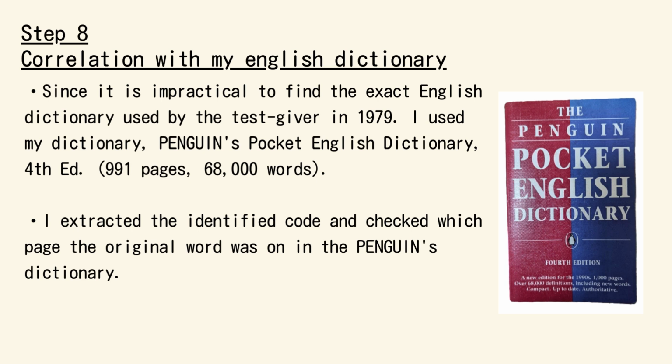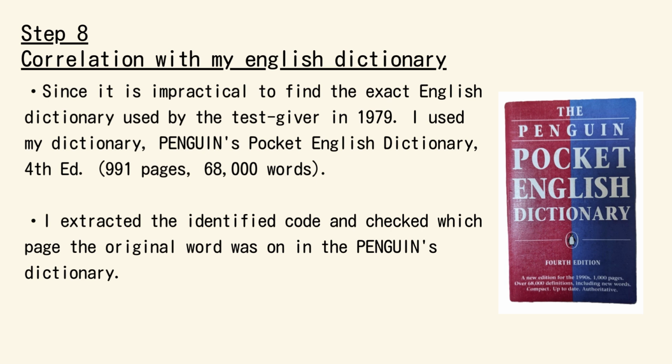Step 8. Correlation with my English dictionary. Since it is impractical to find the exact English dictionary used by the test giver in 1979, I used my dictionary, Penguin's Pocket English Dictionary, 4th ed. The book has 991 pages and 68,000 words.